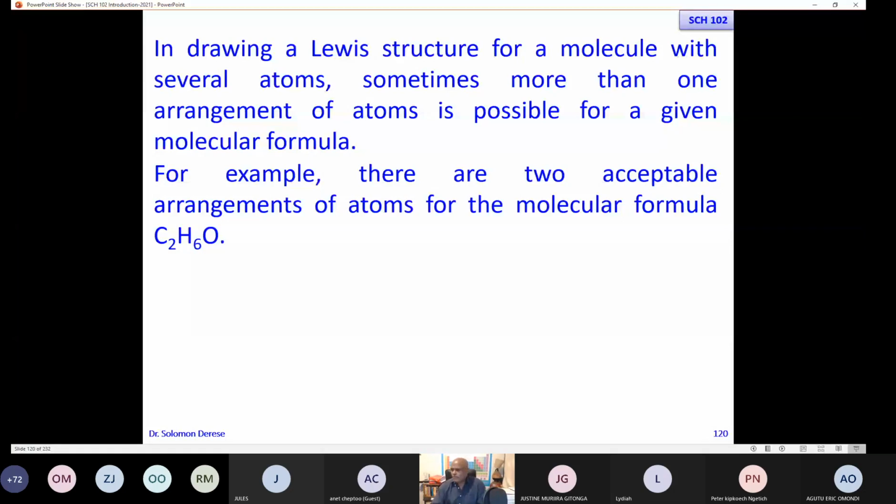You remember in high school, you learned about isomers. Isomers are chemical compounds that have the same molecular formula but different structure. For example, if you take C4H10, 4 carbons and 10 hydrogens, like the butanes, those 4 carbons can be arranged in a line.